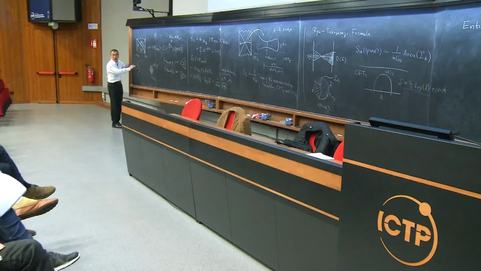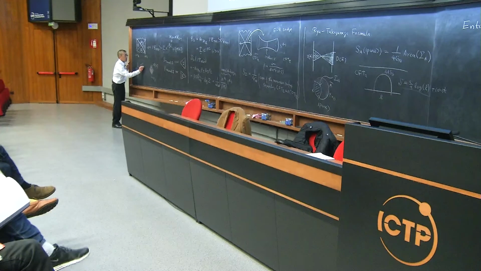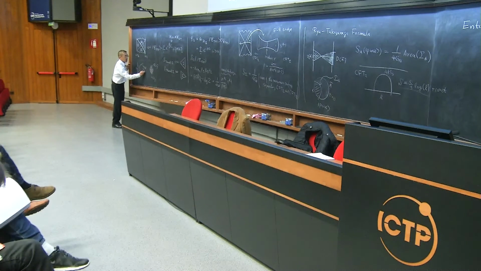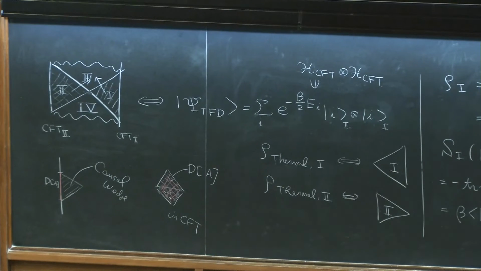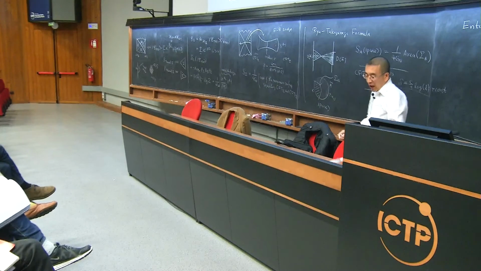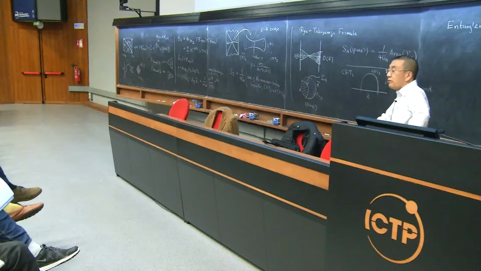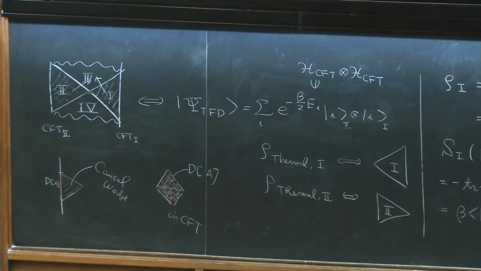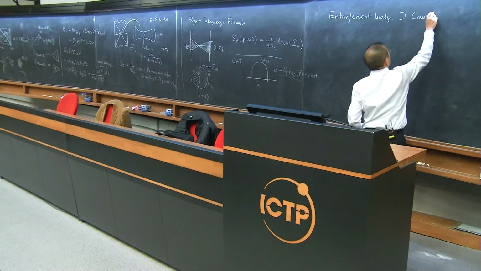And then you can consider the past and future of that domain of dependence, and consider the intersection. Then you have a causal wedge associated to region A. You can also define an entanglement wedge associated to this region, which is naturally related to the Ryu-Takayanagi surface. In some cases, the causal wedge and entanglement wedge are closely related, but in other cases, they are not necessarily related. And in fact, generally speaking, the entanglement wedge is bigger than the causal wedge.